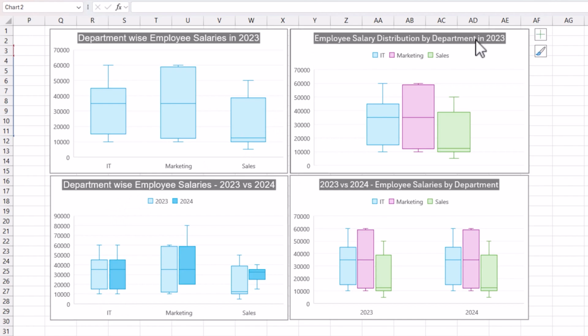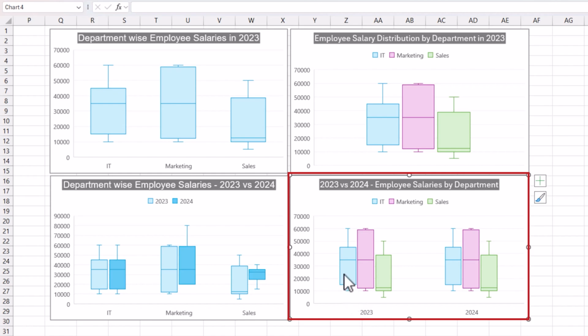And then the top right here, this is employee distribution by department. Again, this is very similar to the first chart. However, they are built as different series, so you can actually customize the colors if you would like to show each department in a different color. The same thing at the bottom here. For each year, I can show the three departments, and then for the next year, I can show the same three departments, and I can keep the colors representing departments.